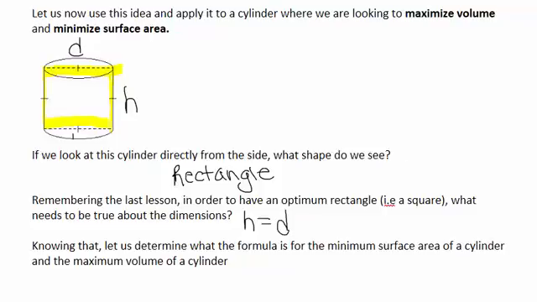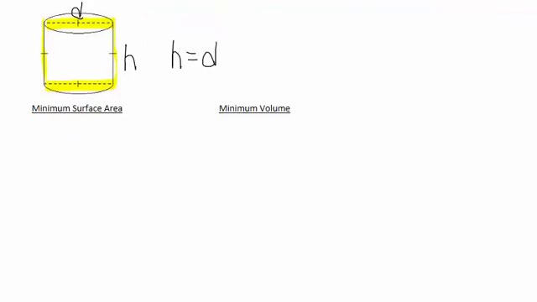So knowing that, let's determine the formula for the minimum surface area of a cylinder and the maximum volume of a cylinder. Now that we have figured out the one condition that needs to be true to create an optimal cylinder, let's derive the formula for the minimum surface area. So we know that the formula for the surface area of a cylinder is as follows.